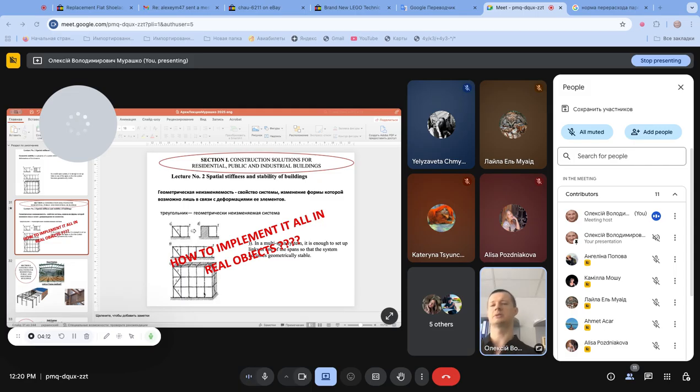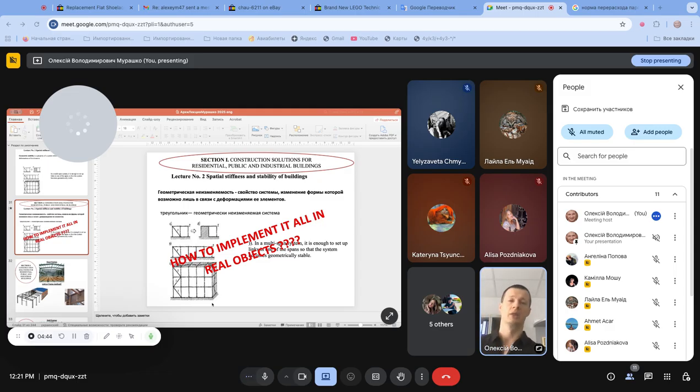Regular solution of such a problem is to add a link element from this part and from this part. But from the point of view of geometric stability, it is enough to add one element in this direction. It's really important from the point of view of symmetry of this building to add an additional link in this way. But nevertheless, this is enough.